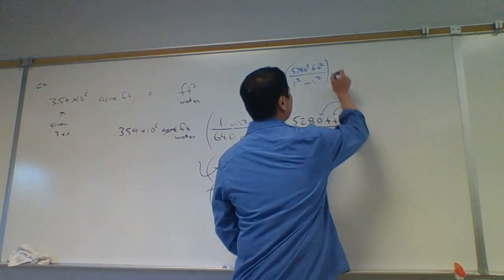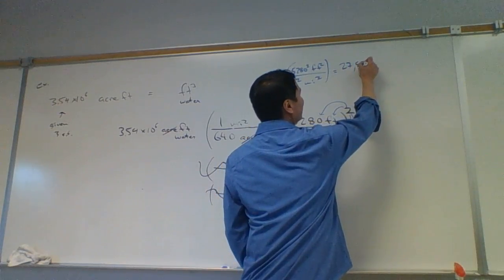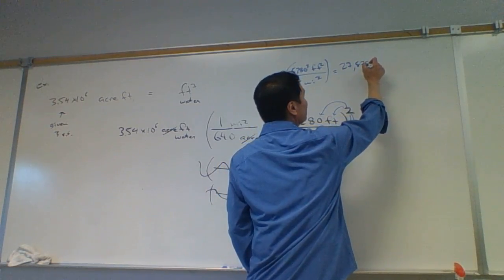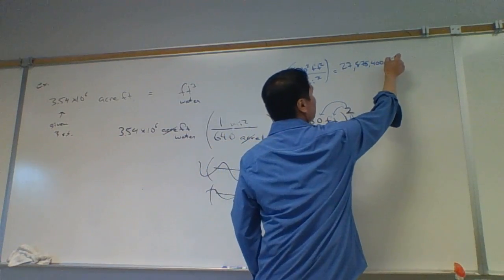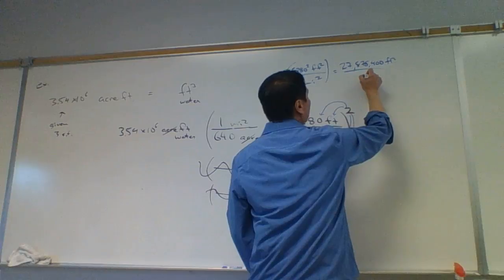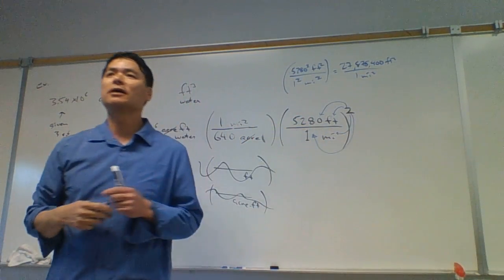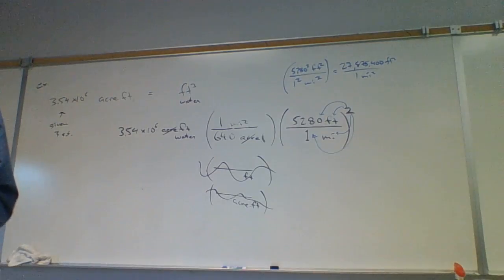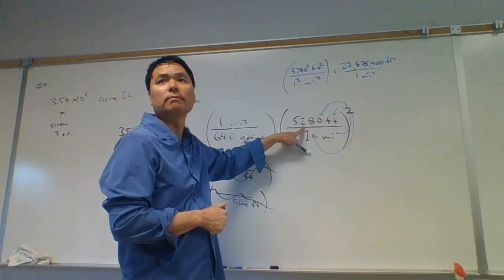And so this comes out to 27,878,400. Now, how many sig figs am I allowed? You know, this is feet squared over mile squared. How many sig figs am I allowed? 3? 5280, is that 3 sig figs? 4 sig figs?